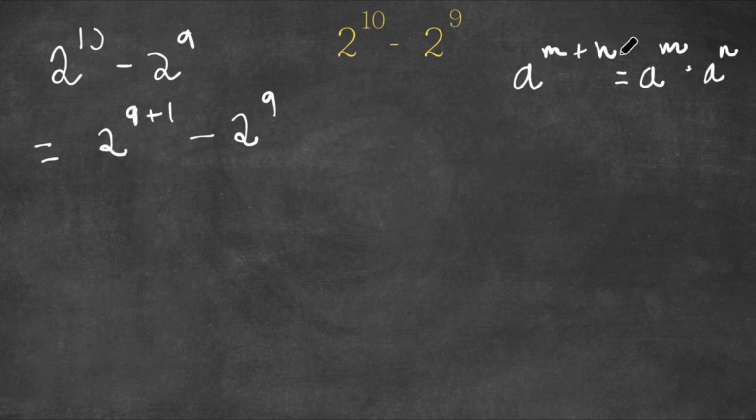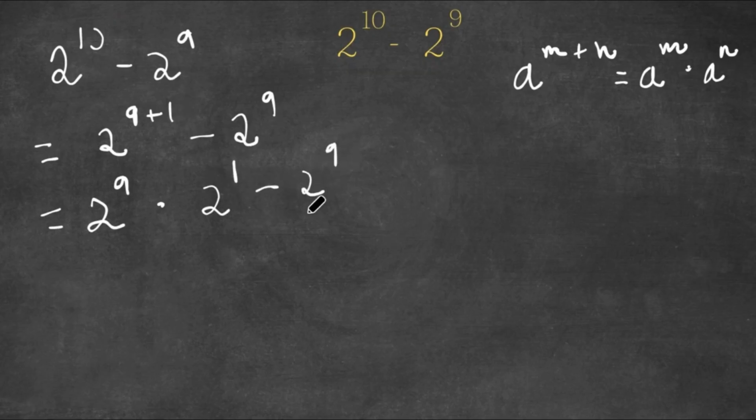I'm going to use this property for 2 to the power of 9 plus 1. We can think of 2 as a, 9 as m, and 1 as n. So this would equal 2 to the power of 9 times 2 to the power of 1. And now we are subtracting 2 to the power of 9.